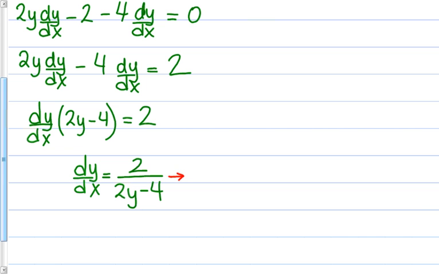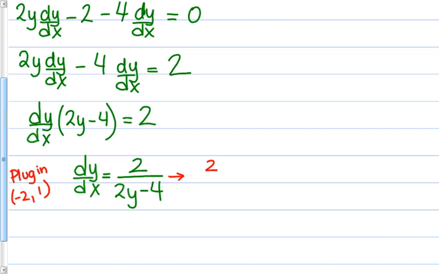I need to plug in my points. My point was negative 2, 1. Okay, plug in negative 2, 1. Let me look at this equation. I have 2 divided by 2y minus 4. There aren't any x's. So the only number I have to actually plug in is the y value.